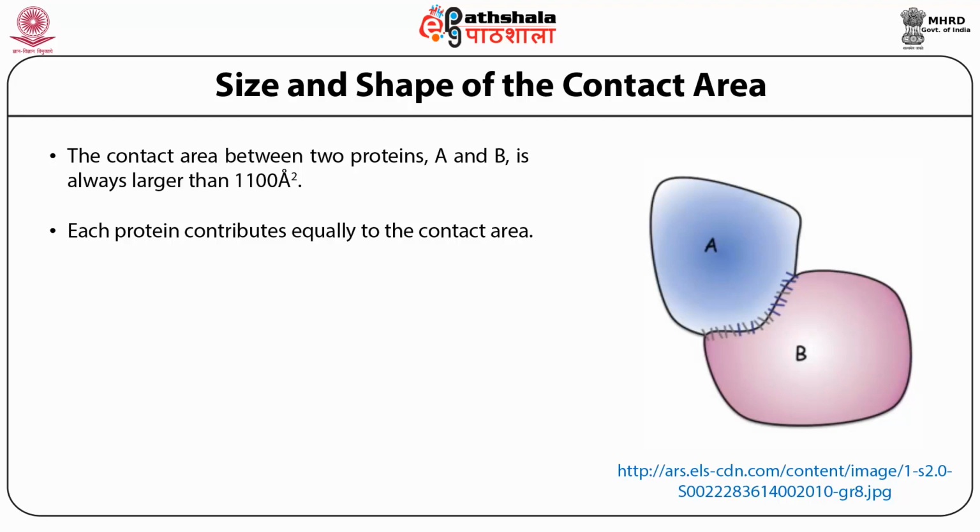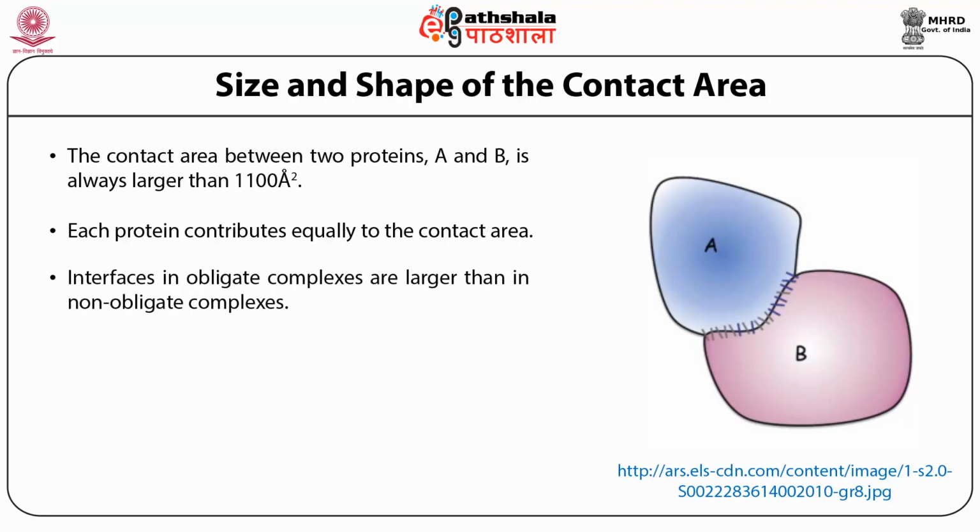The other thing that the studies have shown is that in an obligate permanent interaction, the interfaces are much larger than in non-obligate complexes. And further, the contact area tends to be very flat. So these are some of the structural characteristics of the interacting contact area.